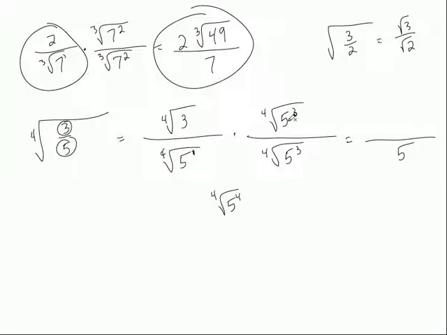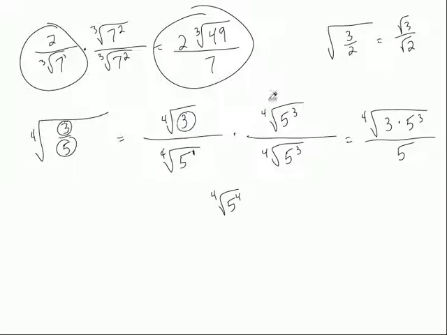But now, what do we do to the top? Got to multiply these together. Now, this is all under a fourth root, isn't it? So it's a fourth root, but what do I have under there? I got a 3, and I have what else? 5 cubed. See what I did there? Multiply them together, and I can multiply them together because that's a fourth root and that's a fourth root. So I can multiply them together.